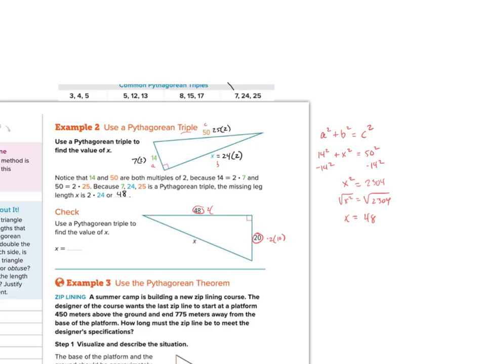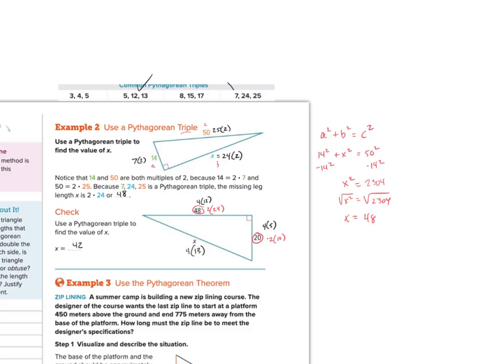That could be 2 times 24. And I don't know that either one of those are a triple. But this is also the same thing as 4 times 5 or 4 times 12. And that would be this one, because this would then be 4 times 13. So the X value would be 42.